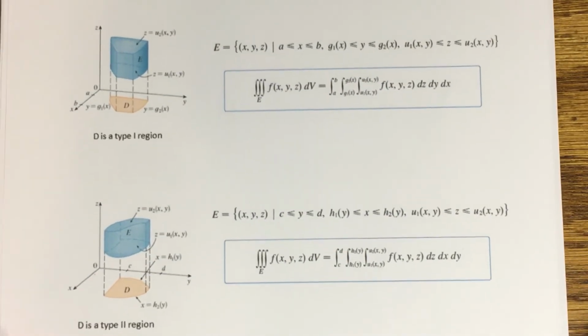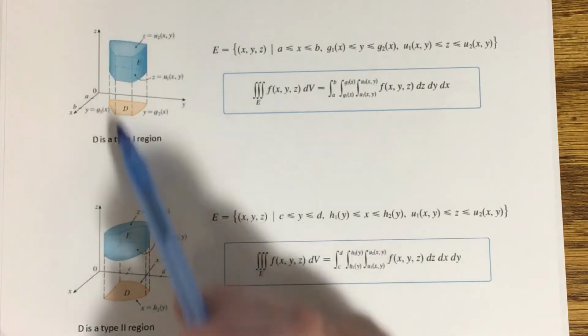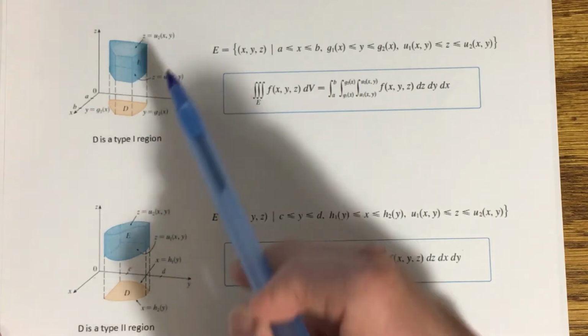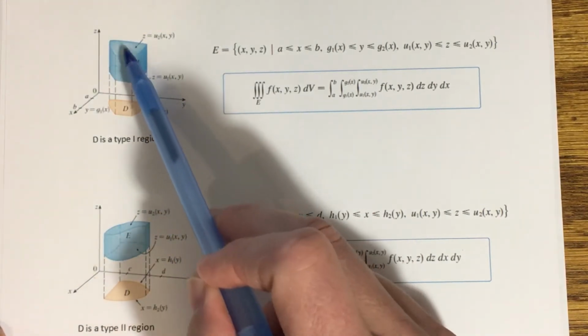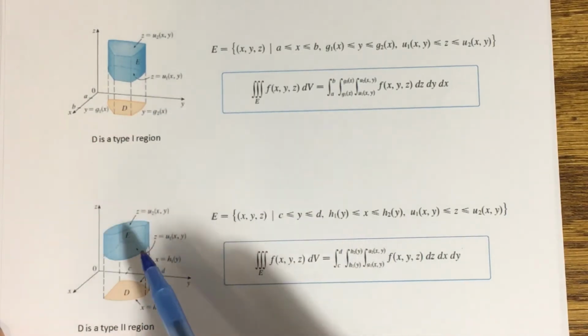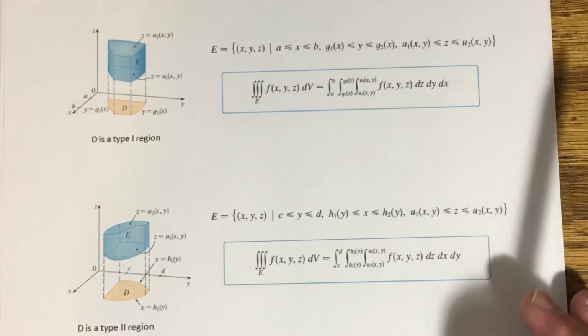One for the solid, and one for the region that we get by projecting that solid into the xy plane. Once you've drawn that region, we then interpret it as either a type 1 or a type 2 region.